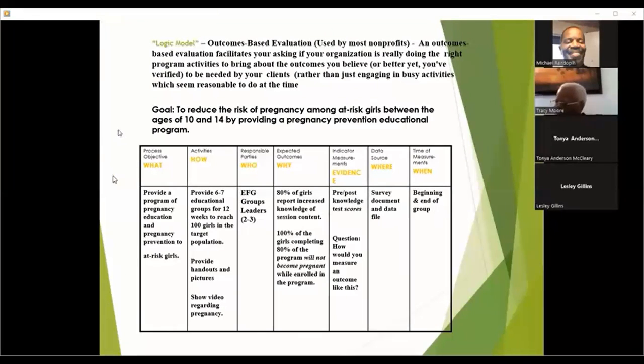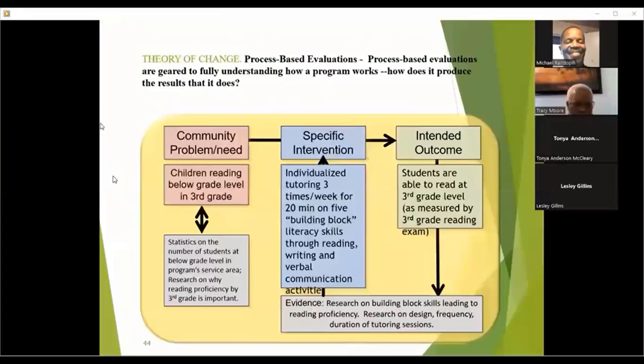The third type of evaluation, and we talked about two already: we talked about goal-based, and we just finished outcome. Finally, the third type of evaluation is what's known as a process-based evaluation. In a process-based evaluation, you show specifically how you did it. So a process evaluation talks about the how you did it and the why you did it. Process-based evaluations are geared to fully understanding how a program works and how it does what it does.